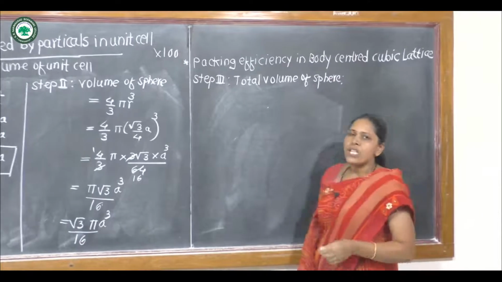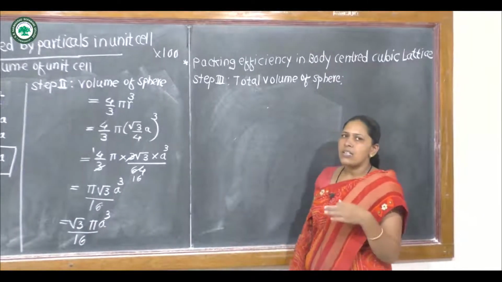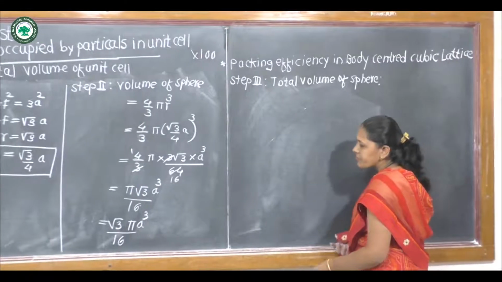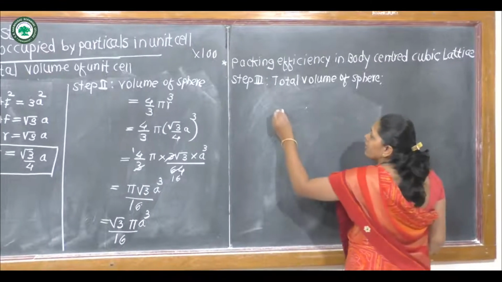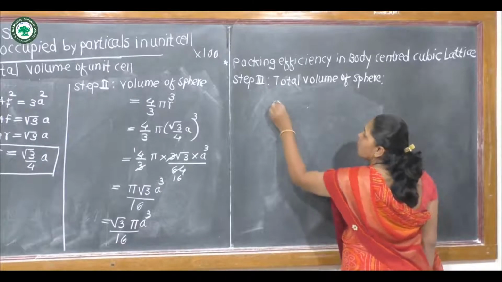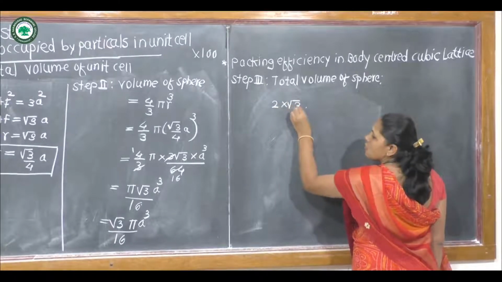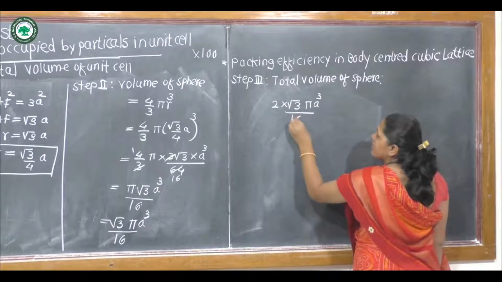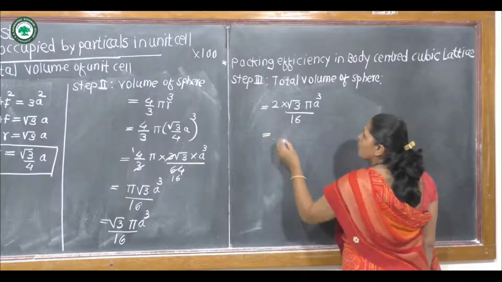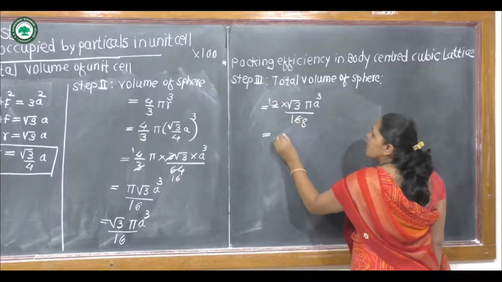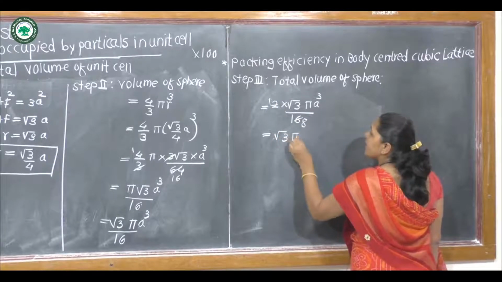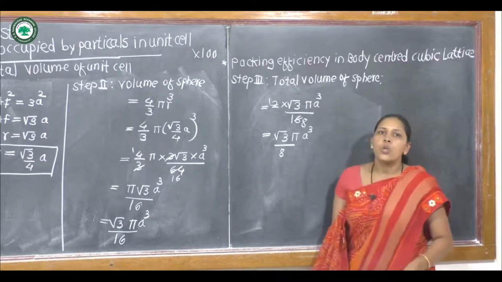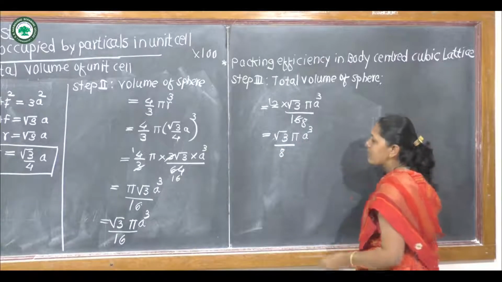We know that in body centered cubic lattice there are 2 particles present per unit cell. Therefore, total volume is equal to 2 multiplied by root 3 pi a cube divided by 16, and it becomes root 3 pi a cube divided by 8. This is the total volume of the sphere.